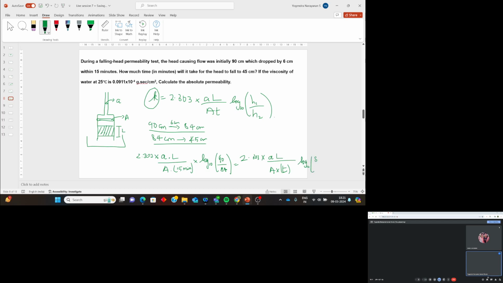Now it will fall from 84 to 45. Sir, 90 to 45? No, see, for the first 15 minutes it fell from 90 to 84. Now from 84 it has to fall to 45.